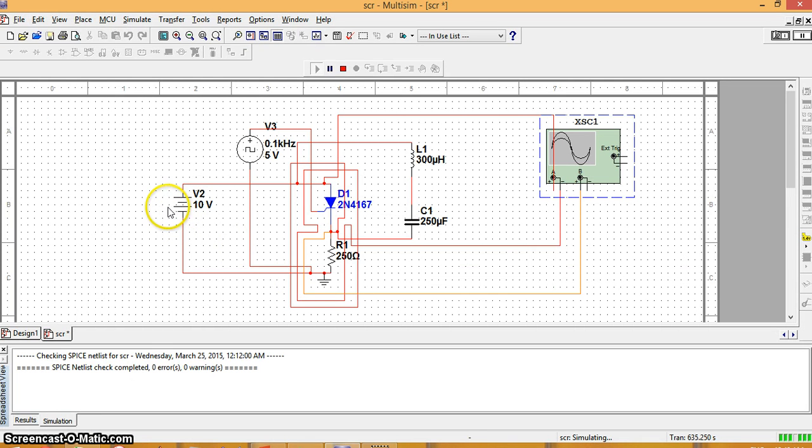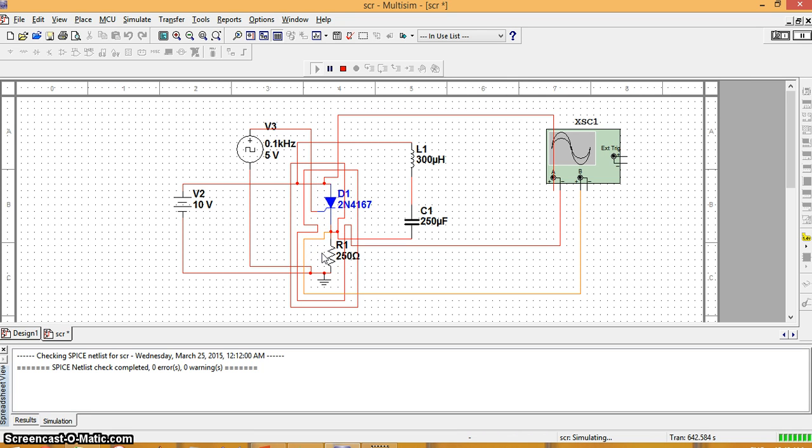This circuit has been made using NI Multisim, and this is a signal generator which has been given to the gate terminal such that the SCR can switch on. And this is the oscilloscope which we have used so that we can observe the waveforms across the thyristor, which is nothing but the SCR, as well as the load.